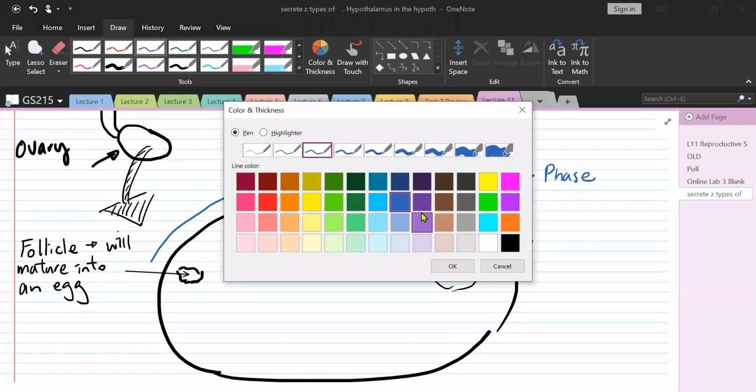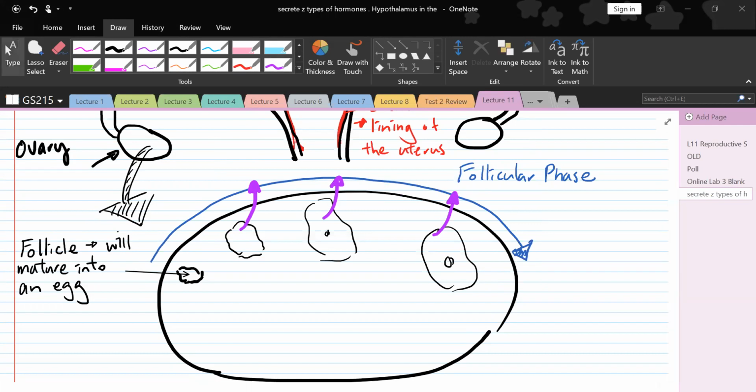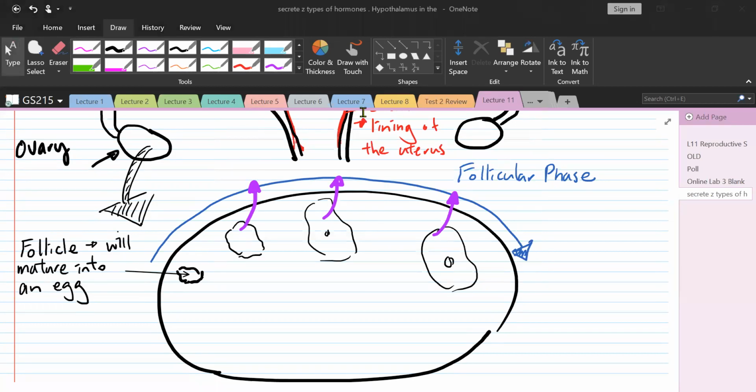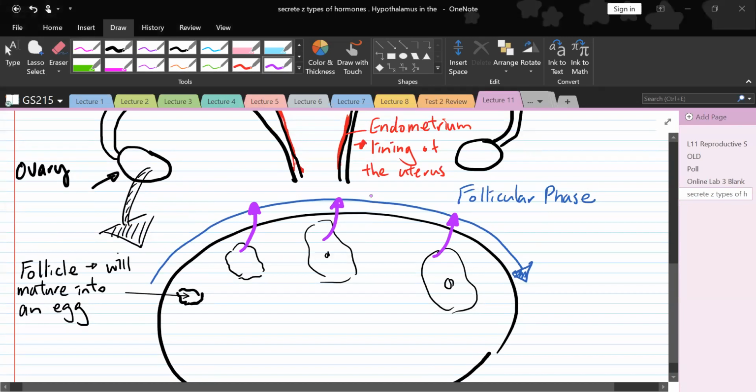And what we want to remember is that as the follicle is developing, it will be secreting a hormone. Okay, it will be pumping out hormone. Does anybody know what hormone I'm talking about? Yep, estrogen is correct. And in some older textbooks, they spell it with an O at the front, just like Mavis typed there.